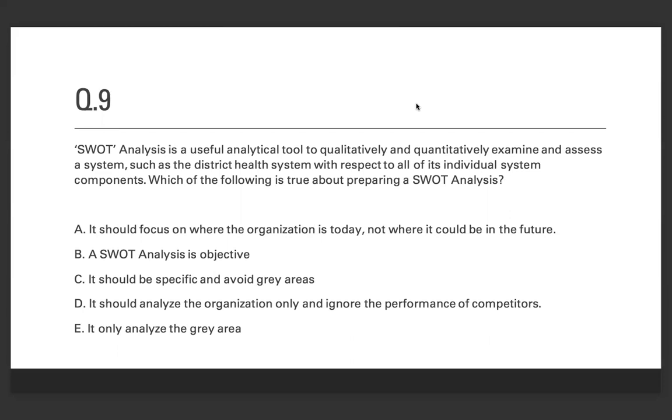Option A, it should focus on where the organization is today, not where it could be in the future. B, a SWOT analysis should be objective. C, it should be specific and avoid gray areas. D, it should analyze the organization only and ignore the performance of competitors. Option E, it only analyzes the gray area. The correct answer is C.